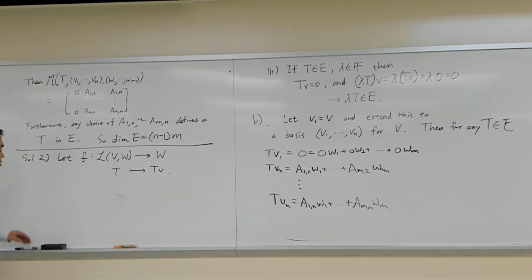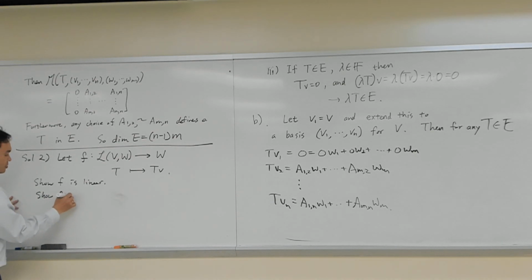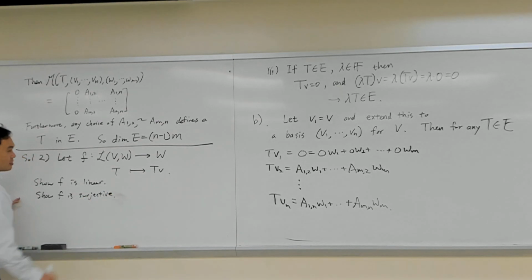So show F is linear, which is straightforward. Then show F is surjective. Why is it surjective?